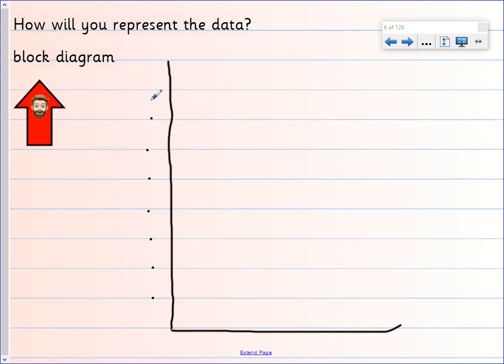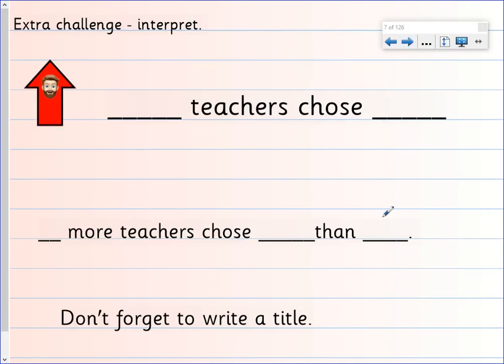Now you've got to have enough lines to show the most popular treat. So make sure you've got enough lines of your book. Along the horizontal line, you're going to write the labels of the treats. And then you will draw your bar using the lines to help you. Okay? Right, enough help, Mr. Clifford. It's your turn to do it on your own, okay?